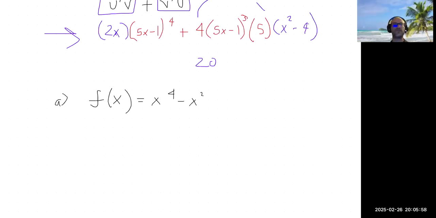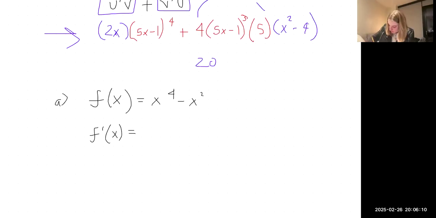So with A, the first thing we're going to want to do when we're getting the slope of a tangent line is to take the derivative, because the derivative tells you what the slope is at any given point. Step 1, find the derivative.